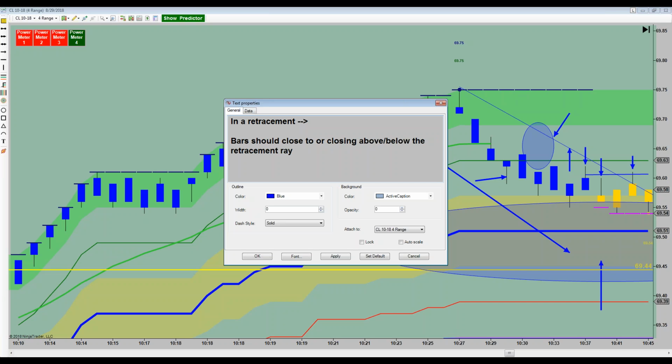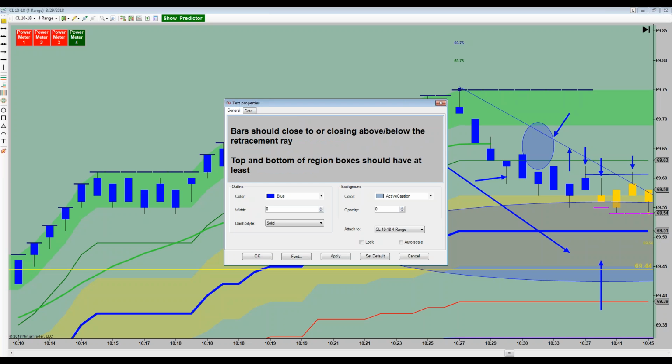Right? And the top and bottom of your region boxes should have at least 2 candle tops or bottoms that can be connected, so they correspond with each other.